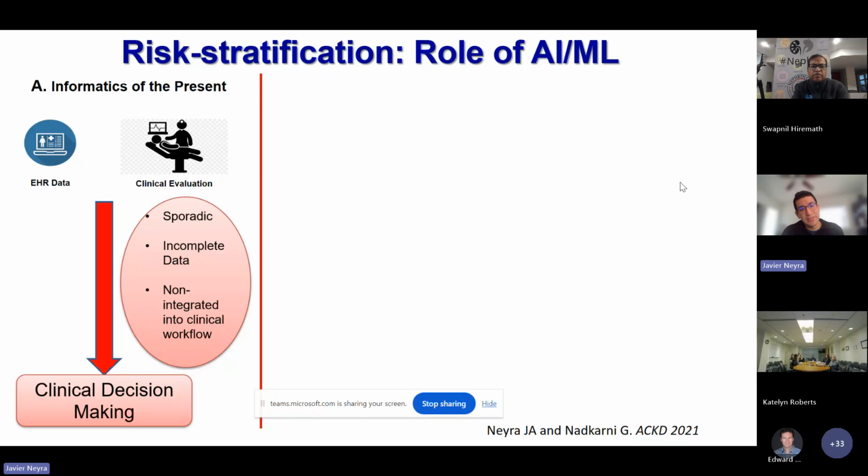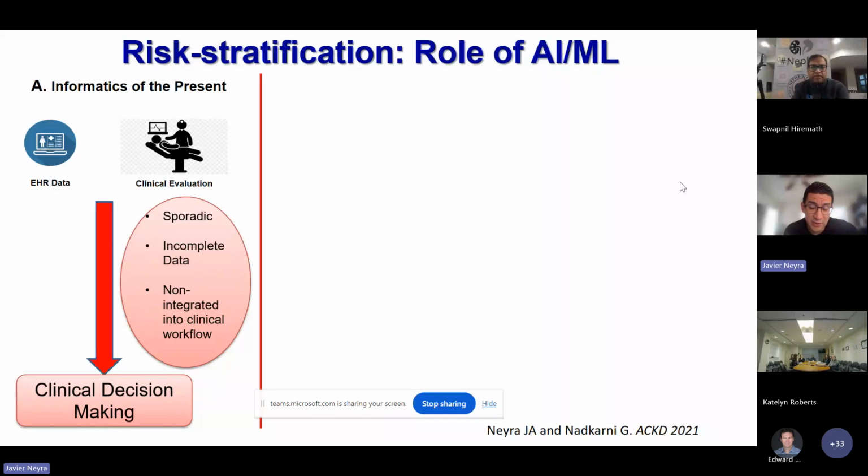Now, in this context, we have better tools. We have machine learning tools and artificial intelligence solutions that can help us move the field of risk stratification forward from what we do right now. Our evaluation of the patient depends on some of the data collected in the electronic health record, if we happen to have an electronic health record.